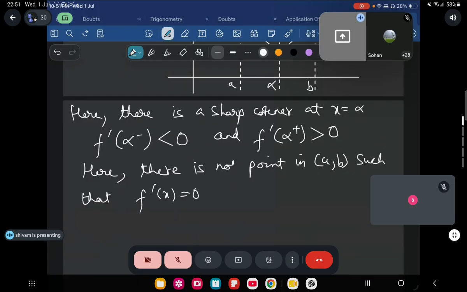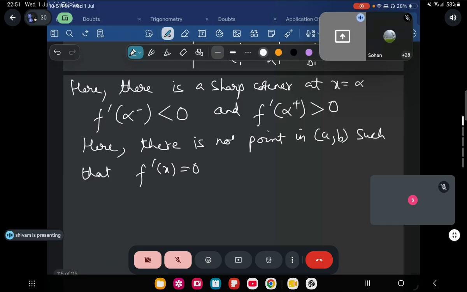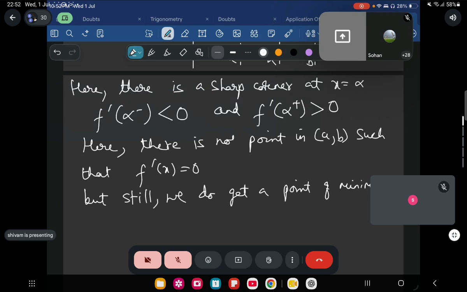There exists no such point in (a, b) such that f dash x equals 0. But still, we do get a point of minima. Are you getting? We do get a point of minima, and that is at x equal to alpha.